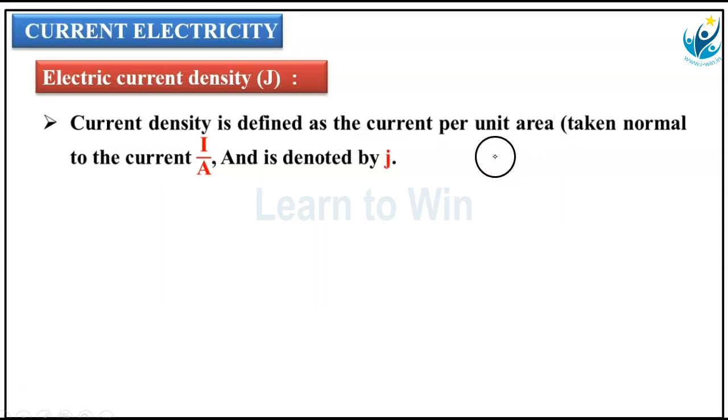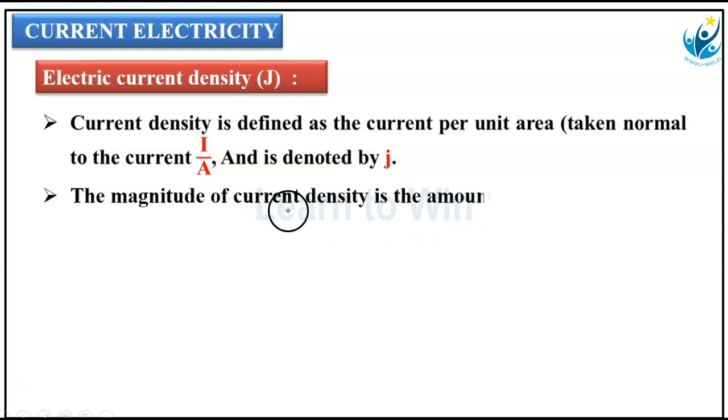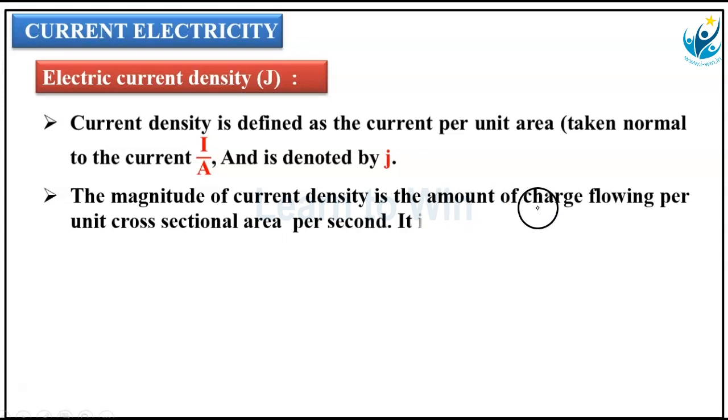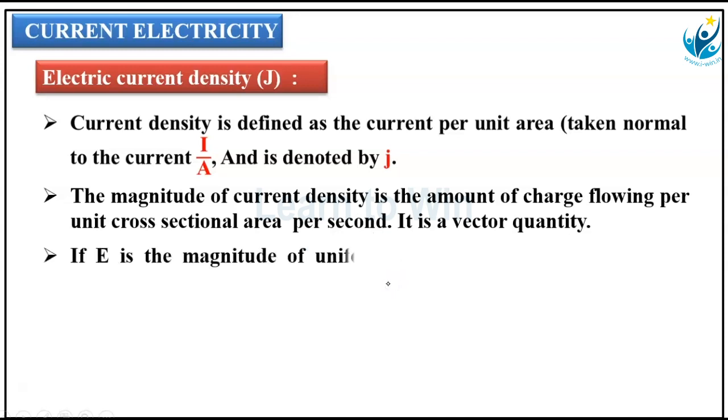J is I by A, taken normal to the current, and the current density is denoted by J. The magnitude of current density is the amount of charge flowing per unit cross-section area per second. That we call current density. Current density is a vector quantity. Current is a scalar quantity, but current density is a vector quantity.